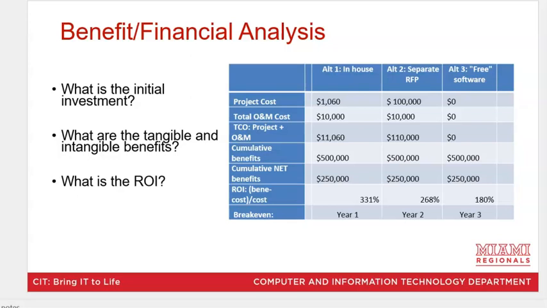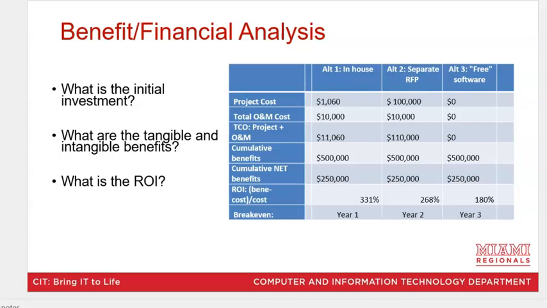Total, so for maintenance and updates and stuff would be $10,000 in-house, and probably the same if you had it done by an outside provider, and zero for open source software.